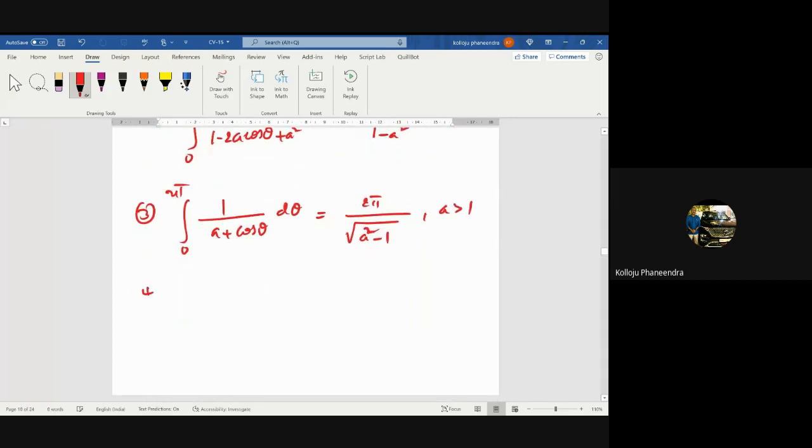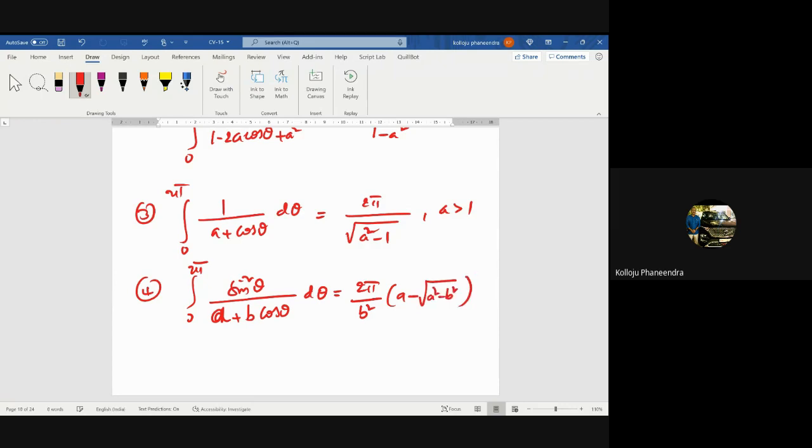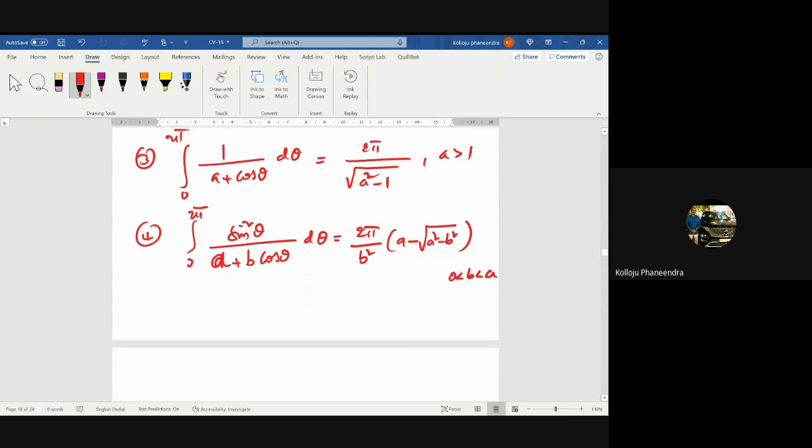And next one, integral 0 to 2 pi, sine square theta by a plus b cos theta d theta equals 2 pi by b square of a minus root of a square minus b square, 0 less than b less than a. That is, 2 pi by b square, a minus root of a square minus b square. Right, another one.